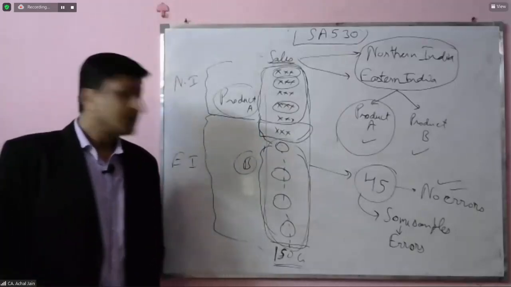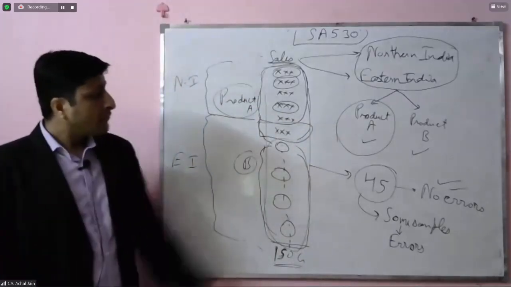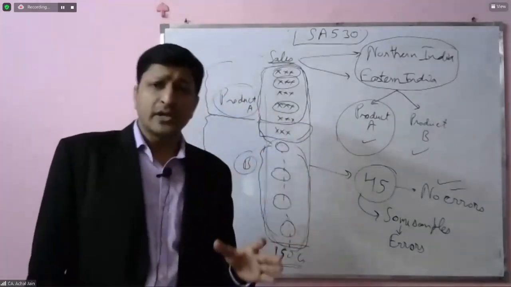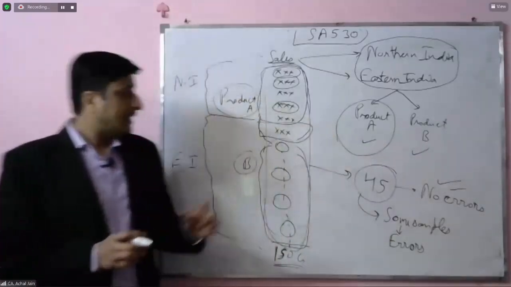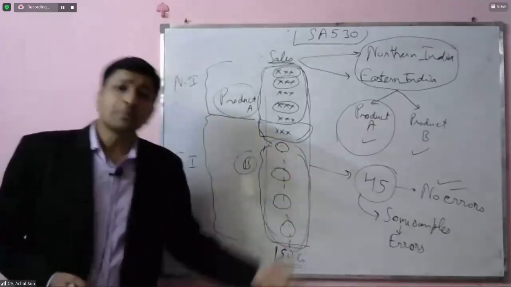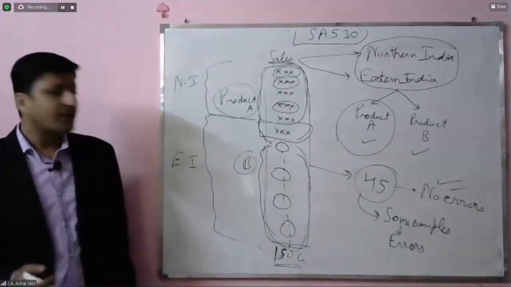Does it mean that out of this total population, if only these 45 samples are selected and those are found to be absolutely okay, would it mean for sure that all other transactions which have not been selected by the auditor would be absolutely error-free?